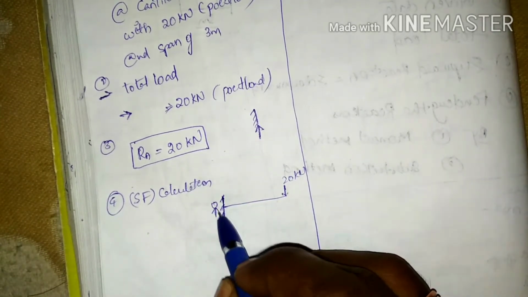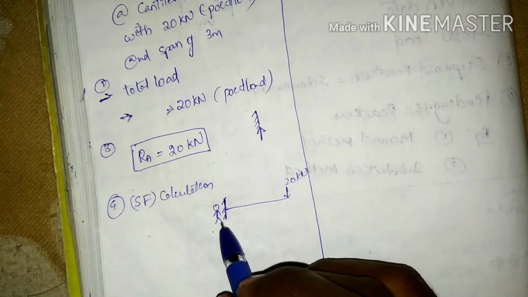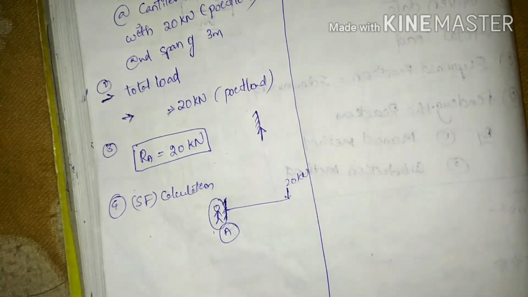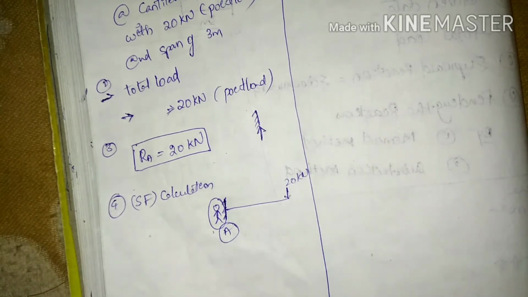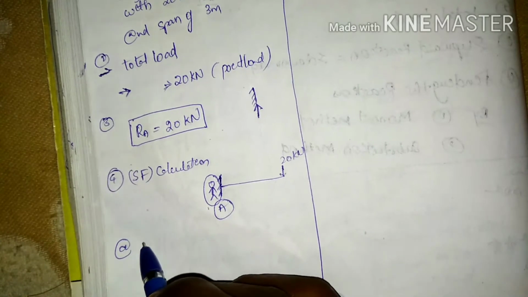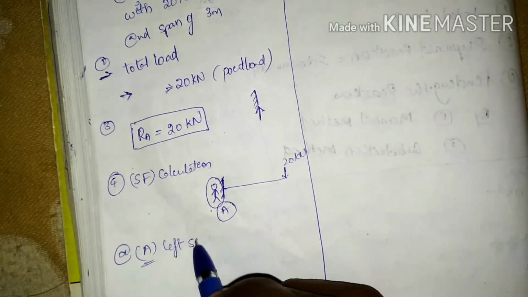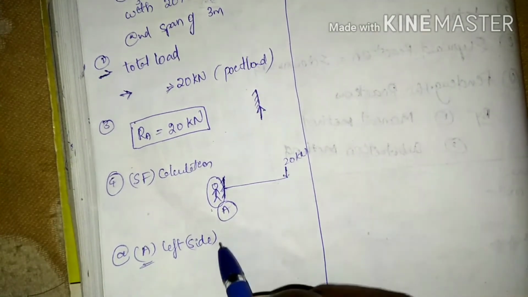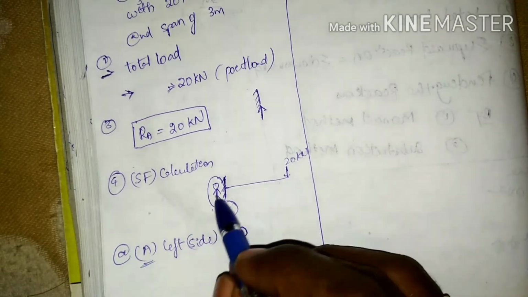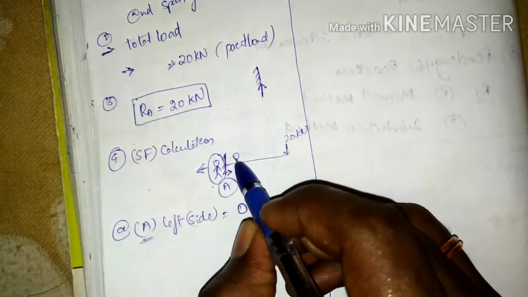Let us assume that you are standing before the fixed support, at A. On the left side, where you stand here, you don't find any type of forces or reactions. It's a distance before the support, that is where you're going to stand.